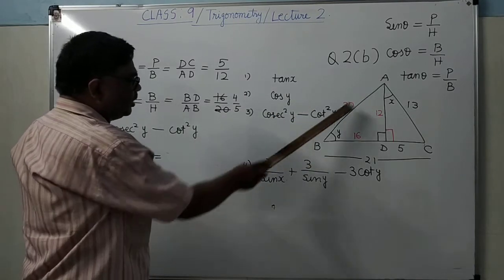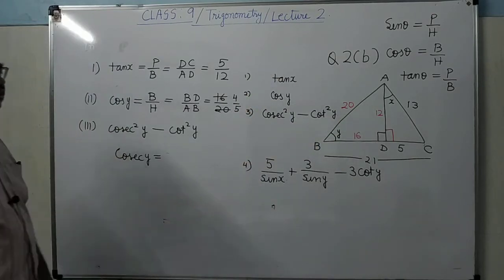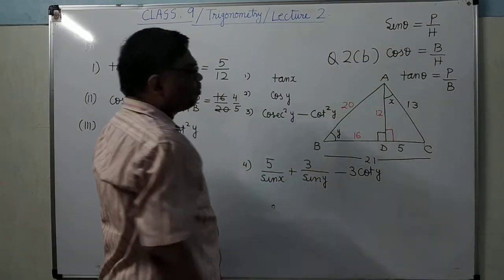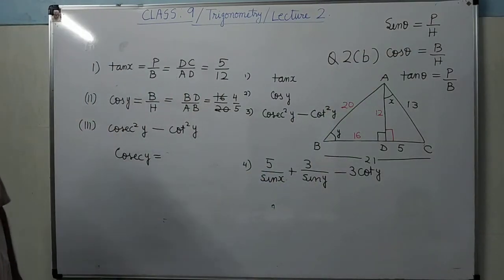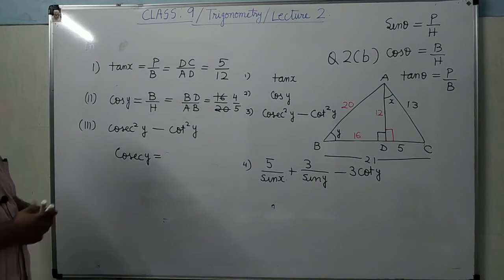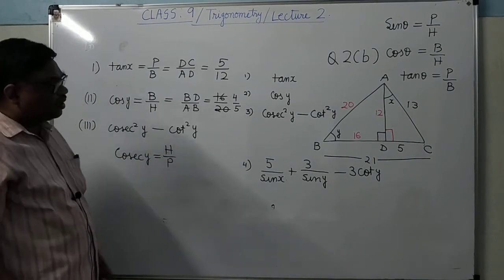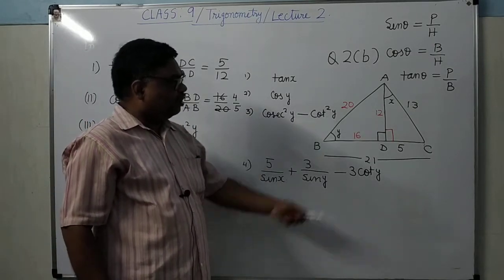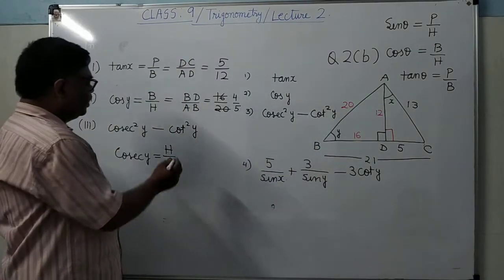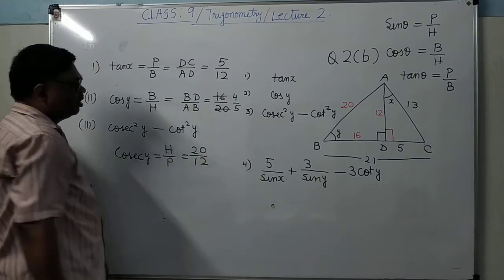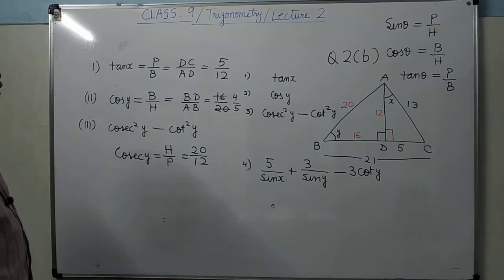Triangle ADB, because y comes in this triangle. Cosec theta equals hypotenuse upon perpendicular. Cosec theta is the reciprocal of sin theta. What is hypotenuse here? AB. Perpendicular is AD. So it will be 20 upon 12.